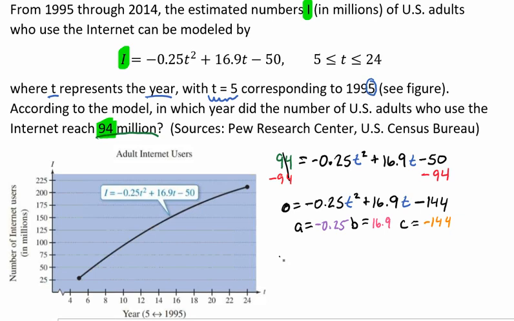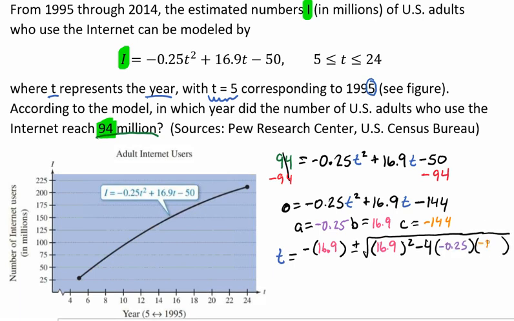So we have x equals, or in this case, t equals, the opposite of b plus or minus the square root of b squared minus 4ac, all divided by 2 times a.